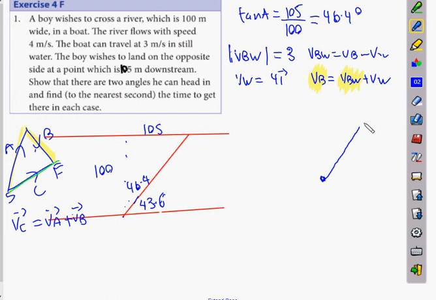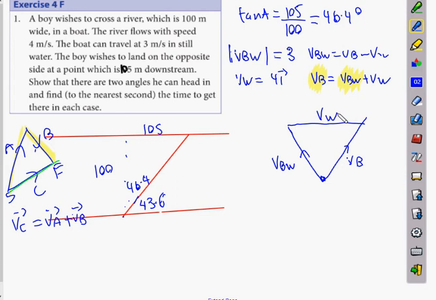VB has to go to the right at a certain angle. And then the other one is then VBW, which we imagine we're going to aim slightly to the left to combat the stream. And then finally we get VW here. Now that's one triangle I could use.